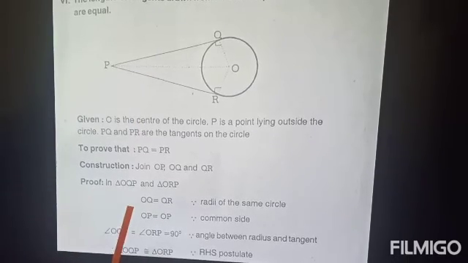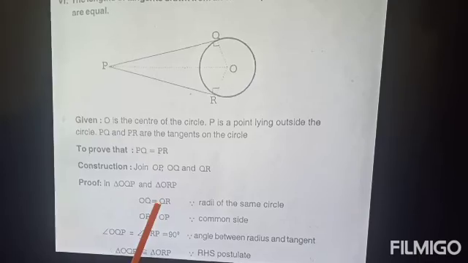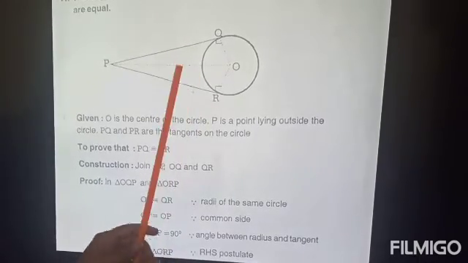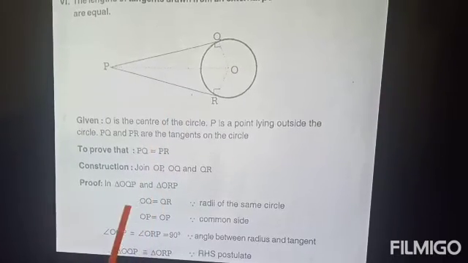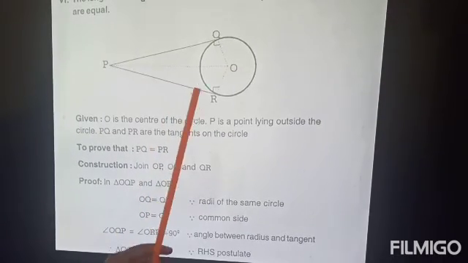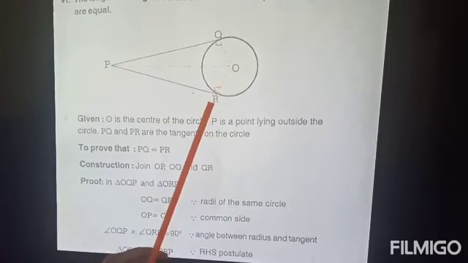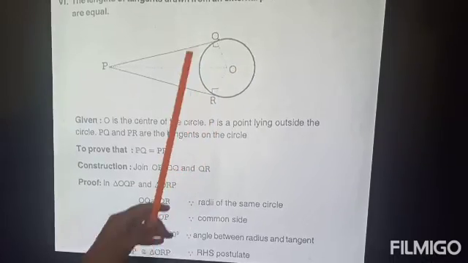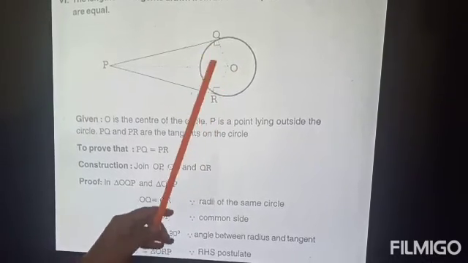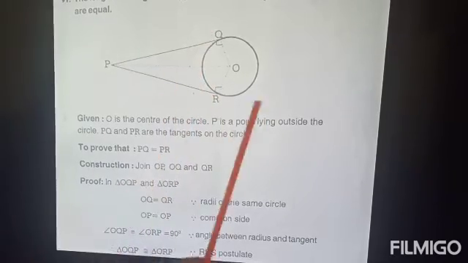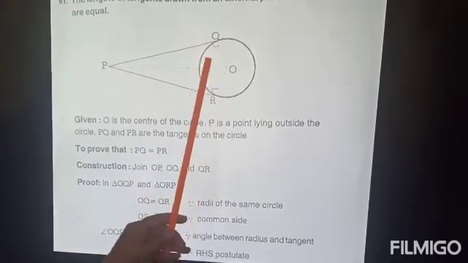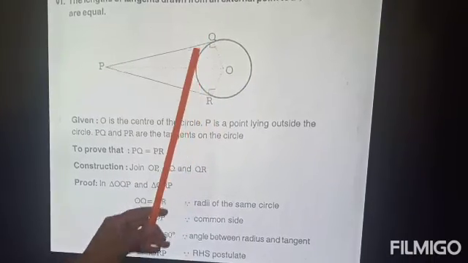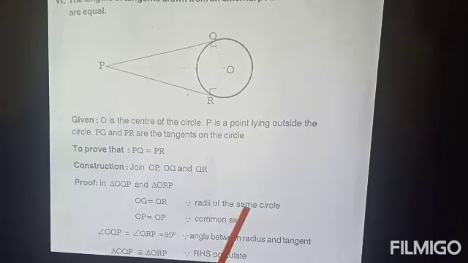OQ is equal to OR, because they are radii of the same circle. Radii of the same circle are equal to each other.